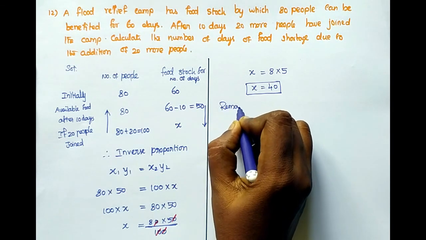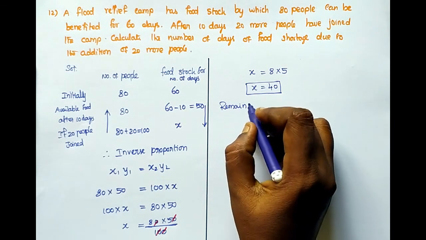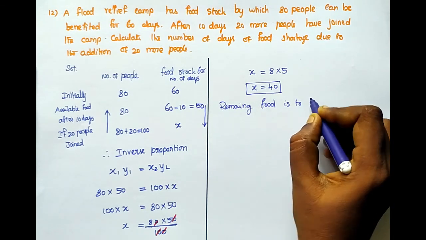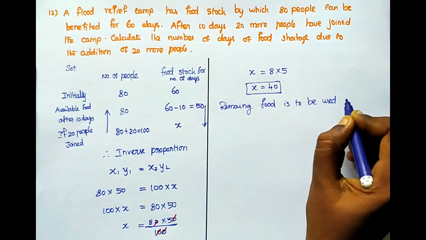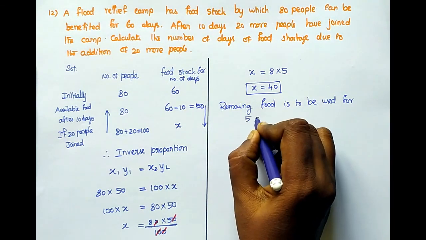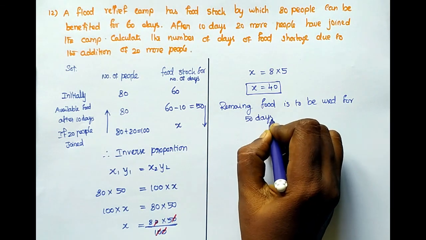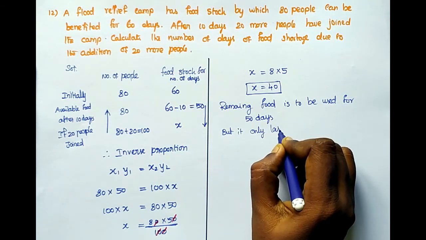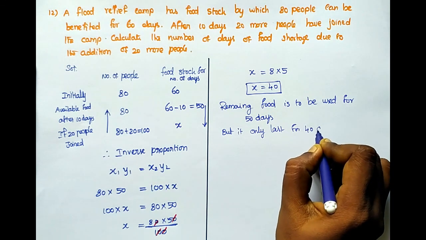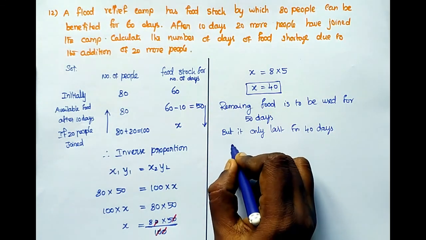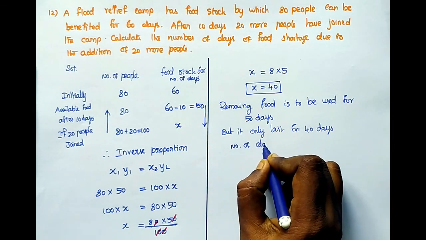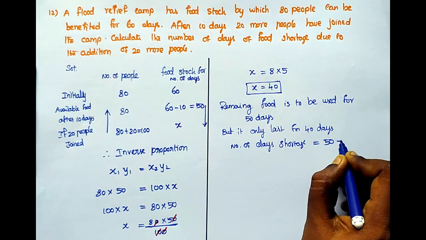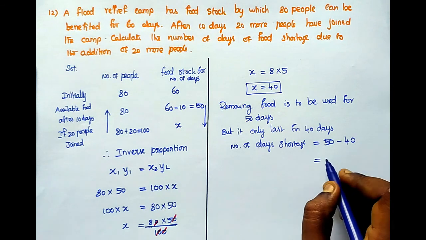Therefore, the remaining food is to be used for 50 days, but it only lasts for 40 days. So number of days shortage equal to 50 minus 40, that is 10 days.